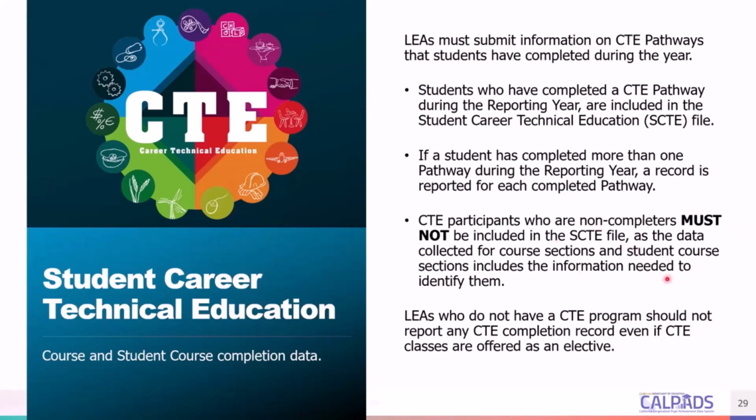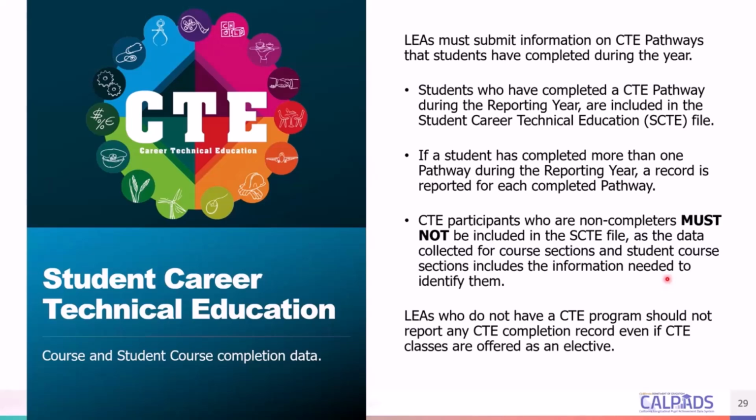So the takeaway here is that you only report SCTE records for students who completed the capstone course in the current academic year. The expectation is a student should follow a step ladder approach in taking the different courses within a pathway program, right?